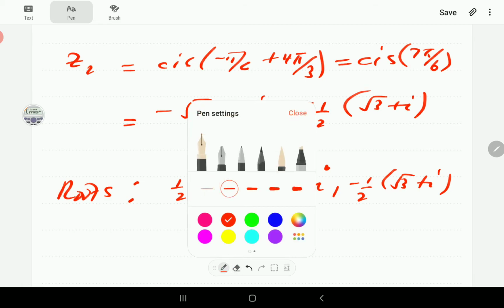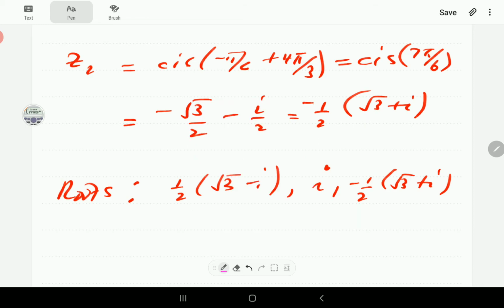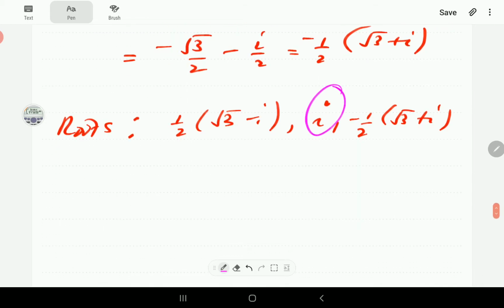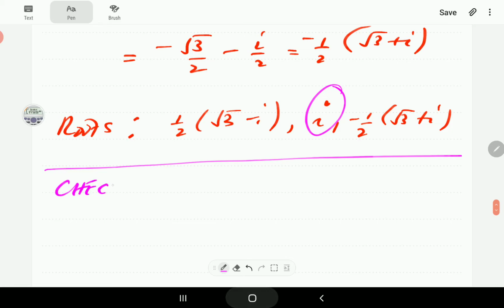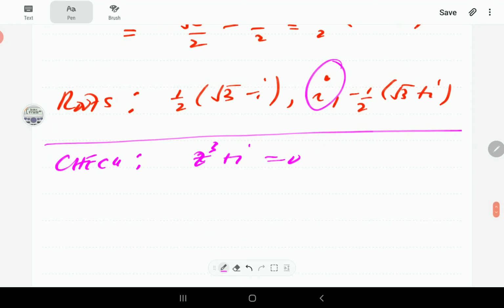The second one is pretty easy to prove that it is a solution, so let's do that. Our equation is z cubed plus i equal to 0. If you plug in z is i, this is going to be i cubed plus i.